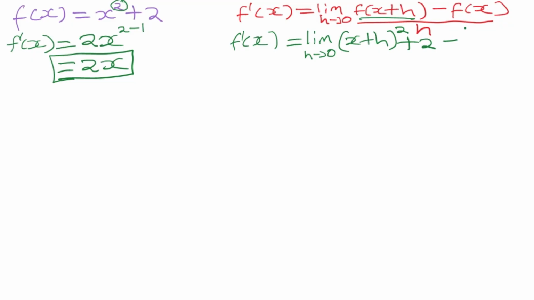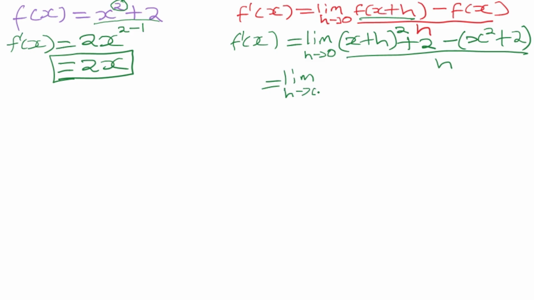minus f of x. Now what is our f of x? It is x squared plus 2, so we write x squared plus 2. All of this is divided by h. Now limit h approaches 0, so we need to expand this.